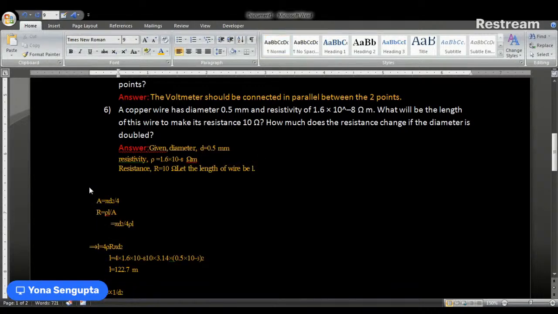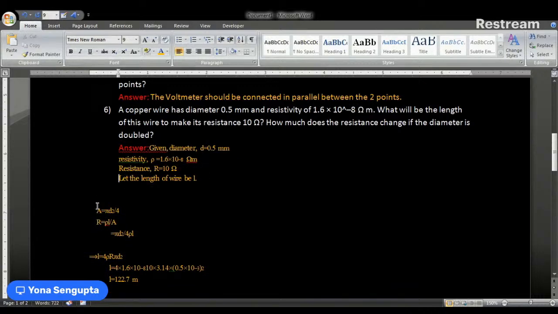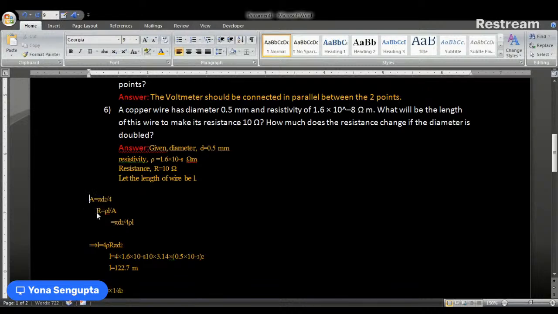Okay, so let the length of the wire be L, and we have just learned that the area is A equals to pi into D by 2, squared.